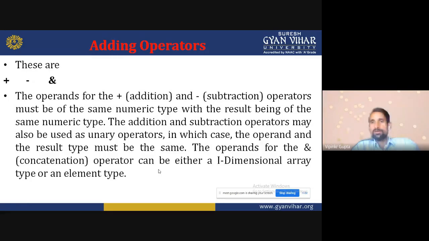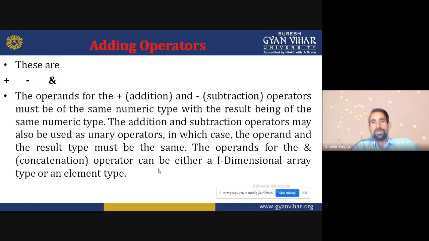The addition and subtraction operators may also be used as unary operators, in which case the operand and the result type must be the same. Whatever input we provide, we get the same result.